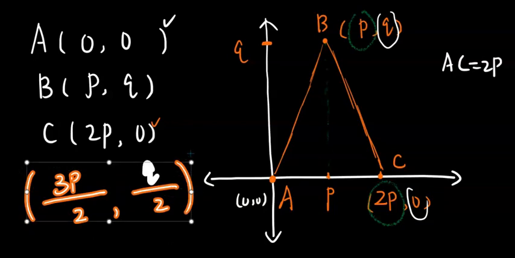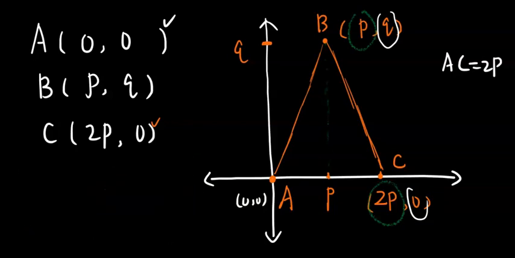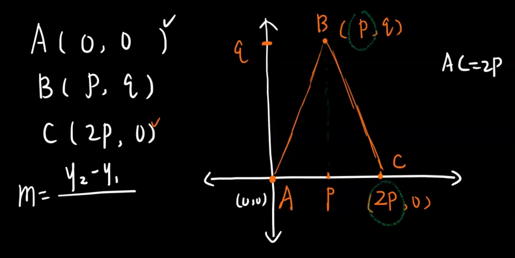Last thing we're going to practice is slope. Did you remember your slope formula? The slope formula says I'm going to find the difference of the y-coordinates divided by the difference of the x-coordinates. Which one should we work on? Slope of AB is a little bit simpler. Let's take something a little bit more interesting. Let's work on BC.